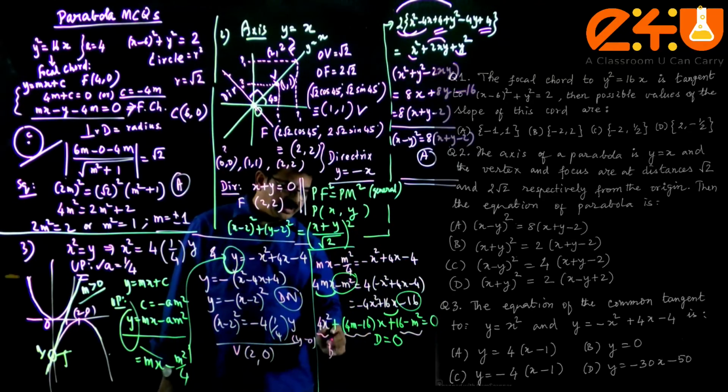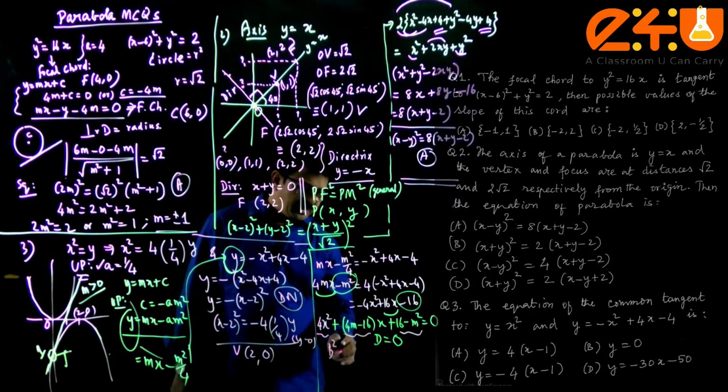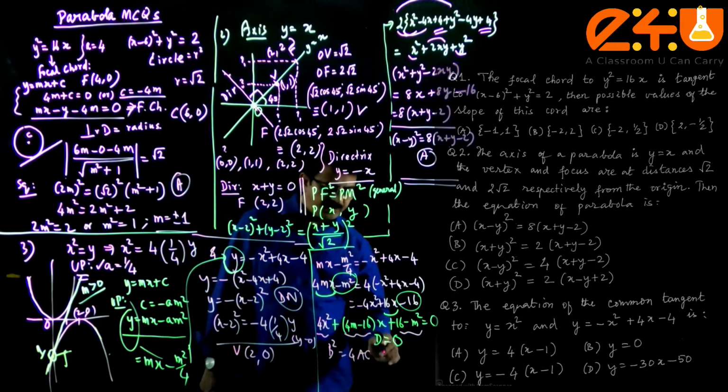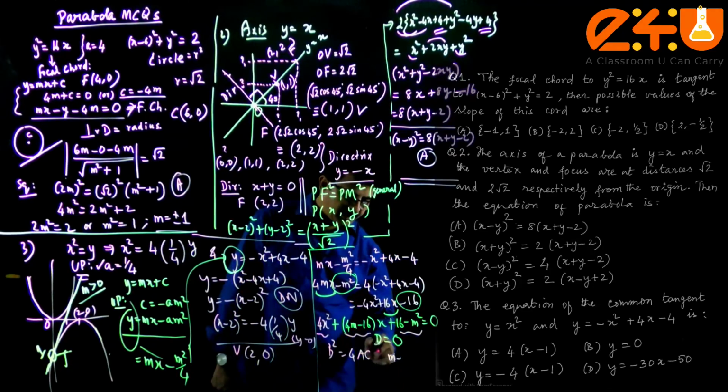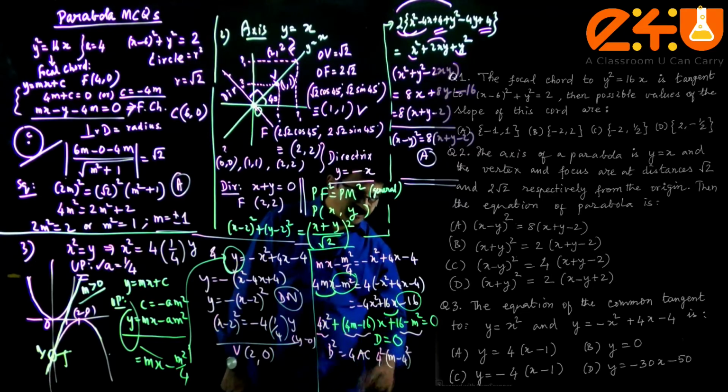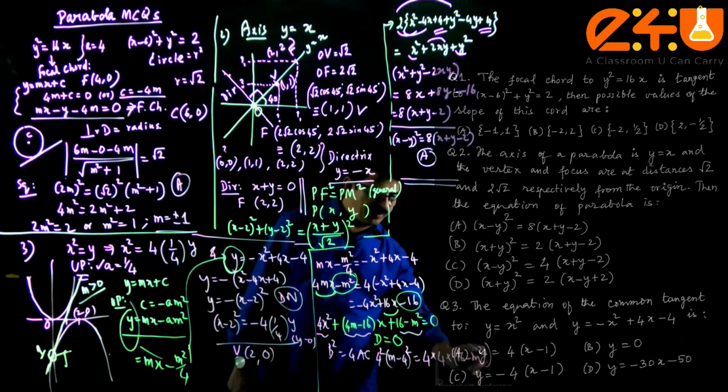And we are going to apply the condition B squared equal 4AC. So you get 4m minus 16. Let me take 4 common out. 4 square (m minus 4) square equal to 4A, C is 16 minus m square.